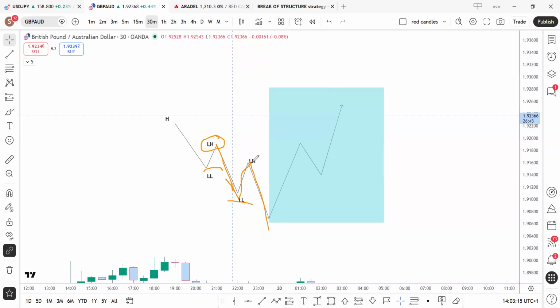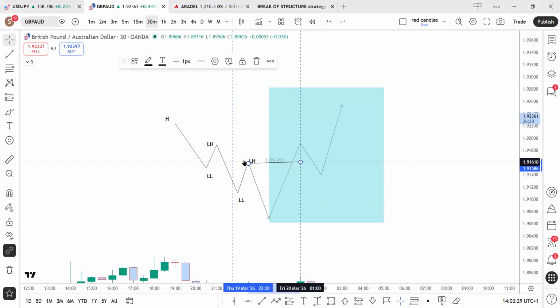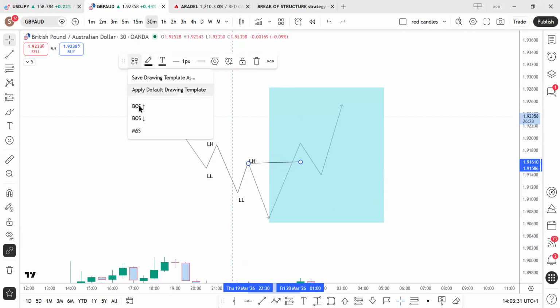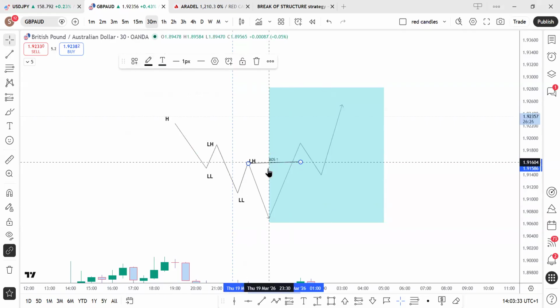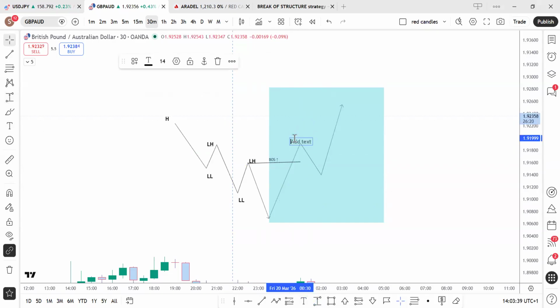Then price will break that last lower high. Let me mark it here. So you have a break of that last lower high, which is a break of structure, which then gives you a higher high here.